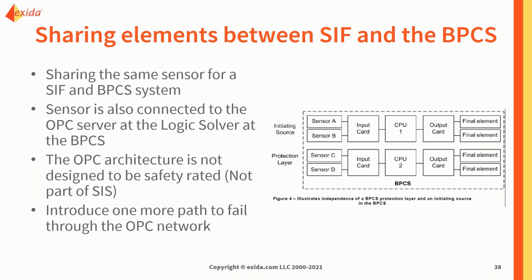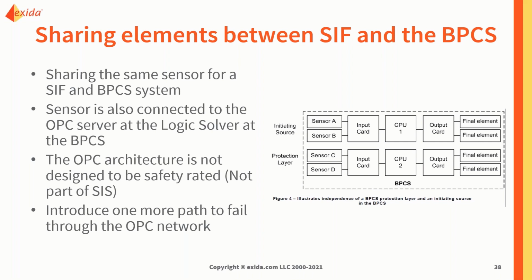The way that they suggest is to connect the sensor to the BPCS system and also the SIF system, and initiate this particular SIF from that particular sensor. Because the sensor is part of the BPCS system and they use an OPC server for that, maybe within the larger server at the BPCS, and because the OPC architecture was designed only for the BPCS system, not for the SIS system, it's not really safety rated.